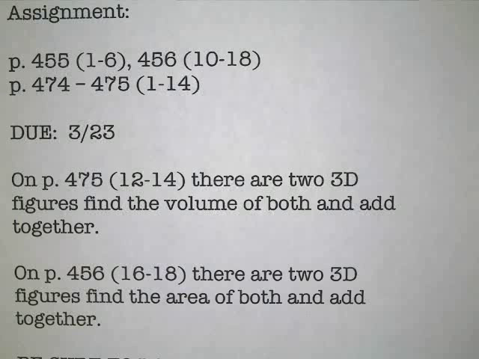So if you look at it, you'll understand what I'm talking about. Look at page 456, 16 through 18. This one you actually have to find the area of a cube and the area of a pyramid on 16. 17 you have to find the area of a cylinder and the area of a cone.